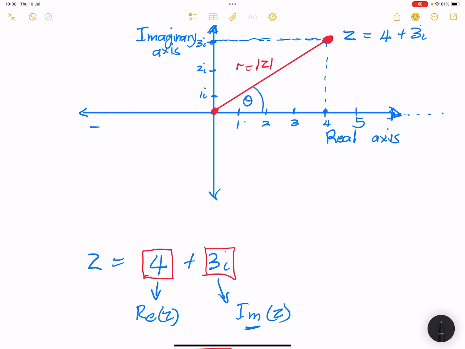So that's very important. So you always refer to the real axis, and you're always going to look at it anti-clockwise, right? And in this case, we're going to make that from the origin as well. So it is anti-clockwise from the real axis. So that's that angle over there.